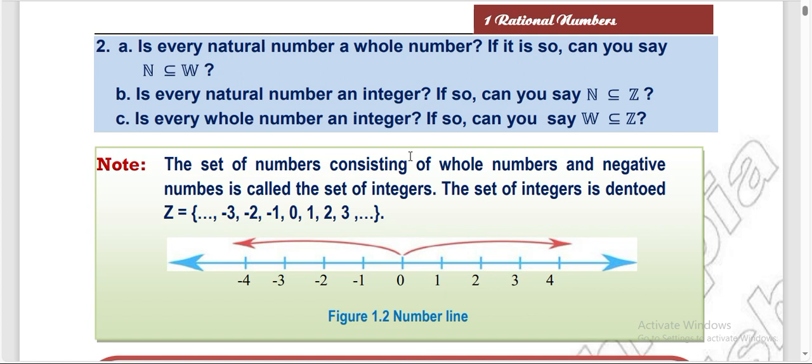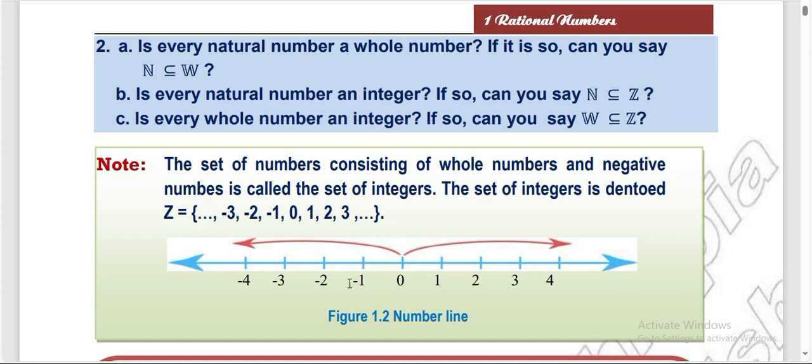The set of integer numbers is a combination of all whole numbers plus the negative numbers, denoted by Z: the set of negative infinity to negative 3, negative 2, negative 1, 0. This section is the whole numbers, starting from 0 to infinity. So whole number plus negative means this side, this side.